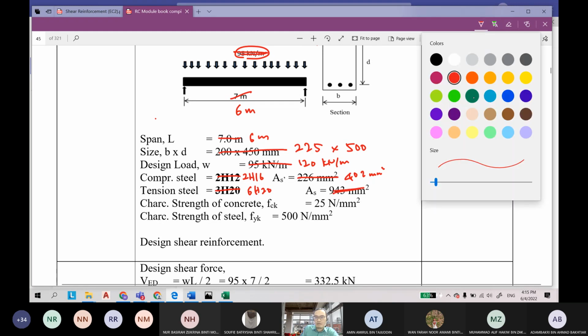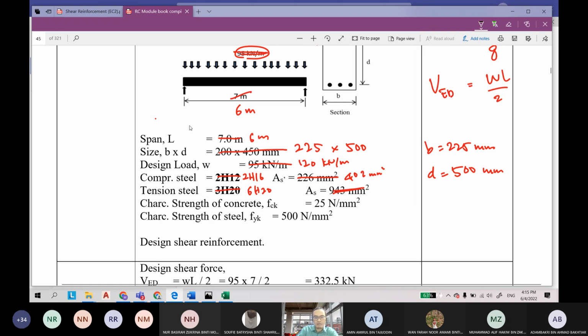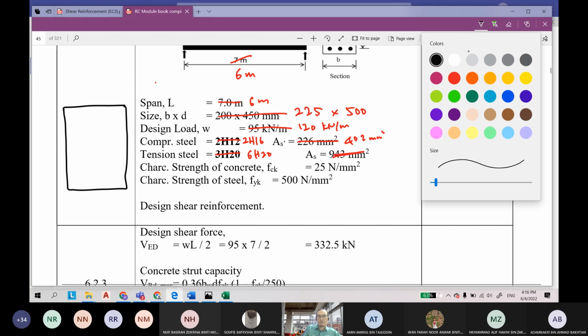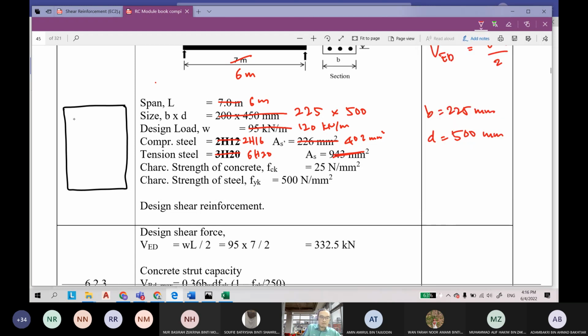Okay, so this is our arrangement of steel bar. For today, we only focus on the rectangular shape of beam. This coming Friday, I will focus on the flange beam.